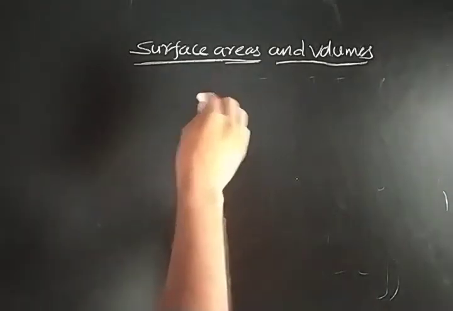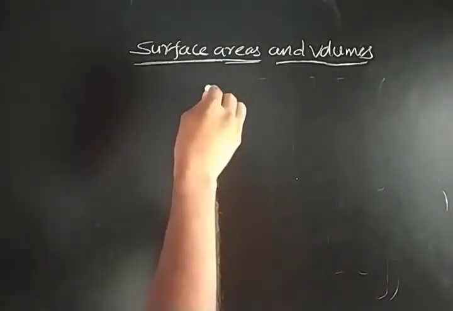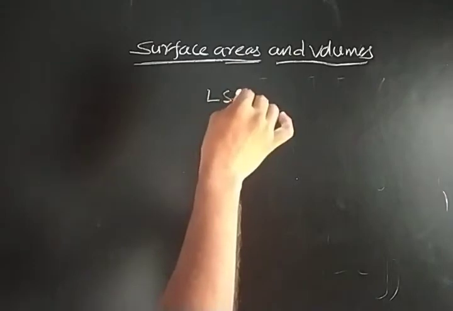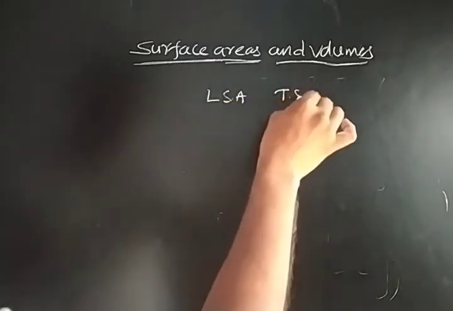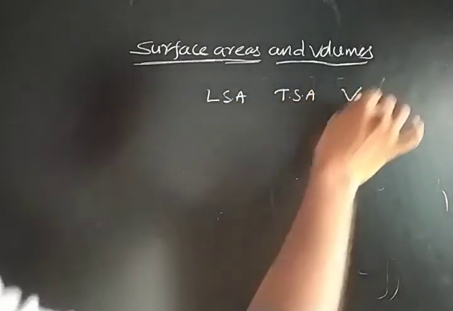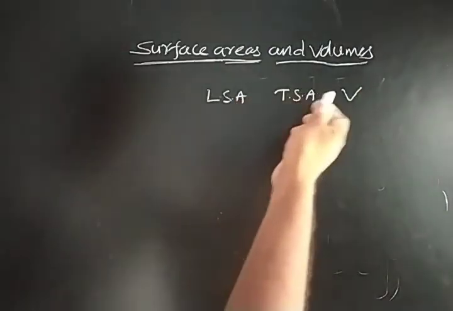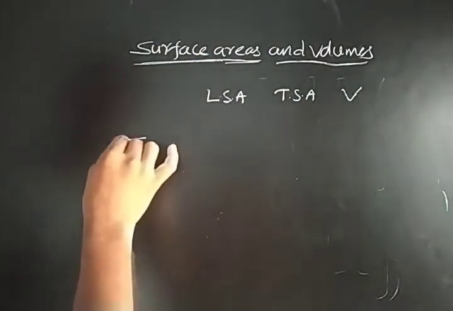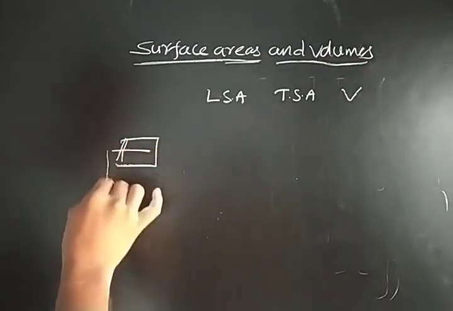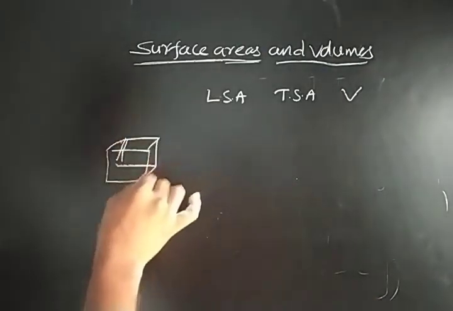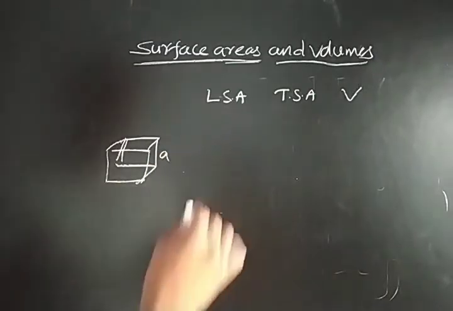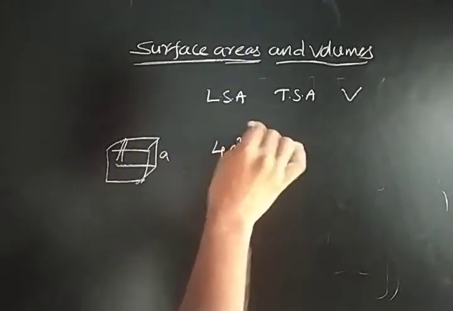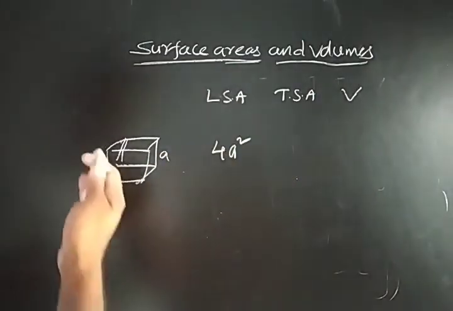In formulas we have LSA, lateral surface area, TSA, total surface area, and volumes. You have to remember LSA, TSA, volume. First of all, I am taking cube and cuboid. In cube, I am taking the side as A, then LSA is 4A square. What is LSA actually? 4 sides.